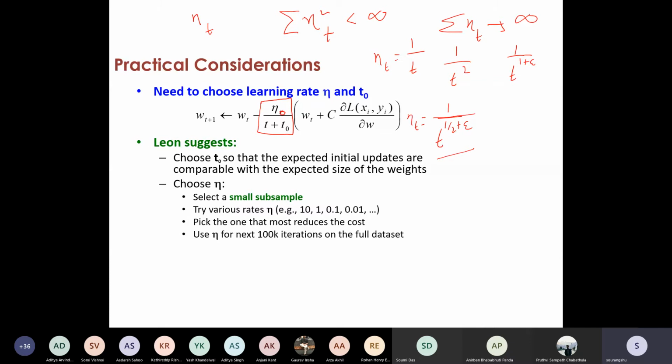But your eta 0 is your initial learning rate. If you use some kind of deep learning packages, you will see that it allows you to choose eta 0. And how do you choose eta 0?